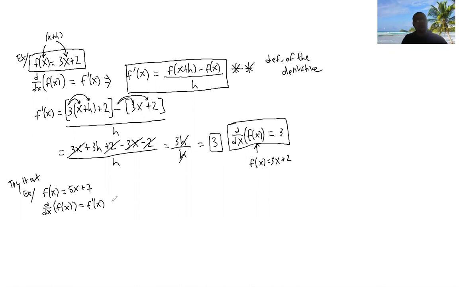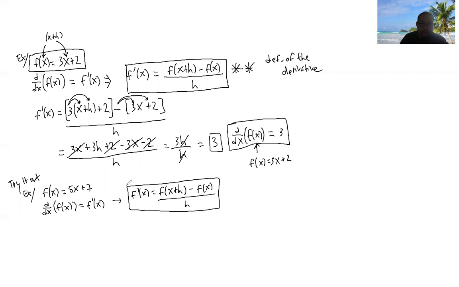So take a second to do this if you'd like. And just a quick tip, if you haven't paused it yet, remember we're going to use this definition of a derivative. So the derivative of a function of x is equal to f of x plus h minus the original function, all over h. Go ahead and give that a try.